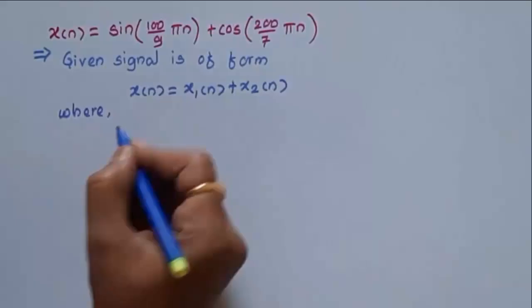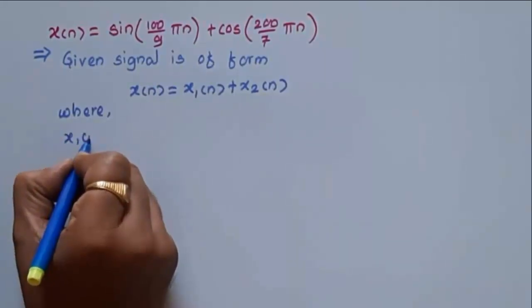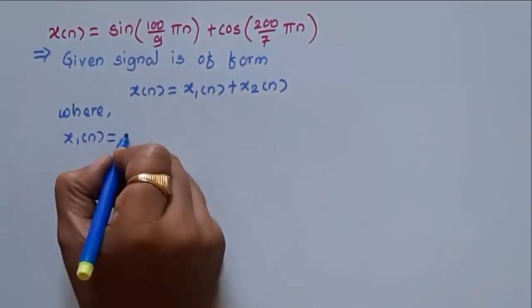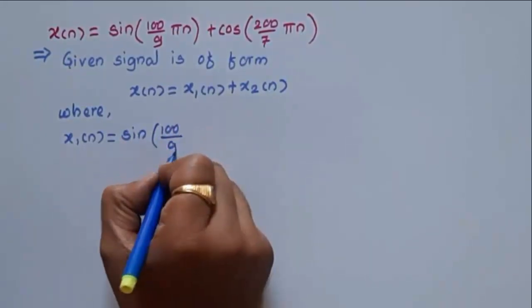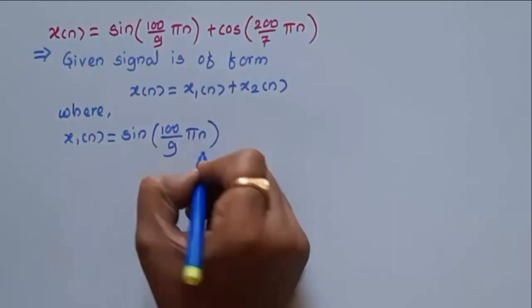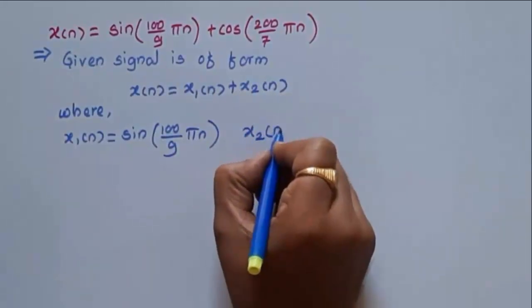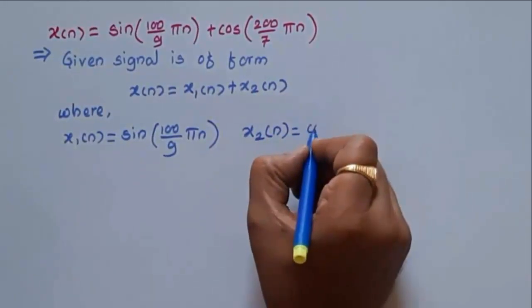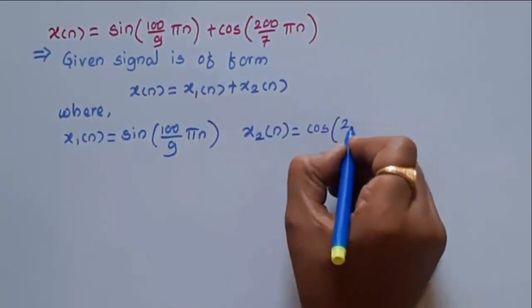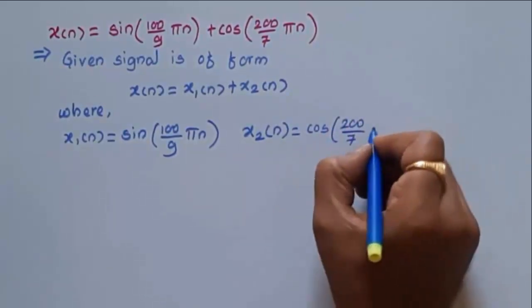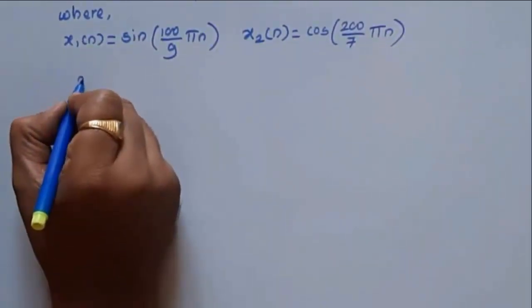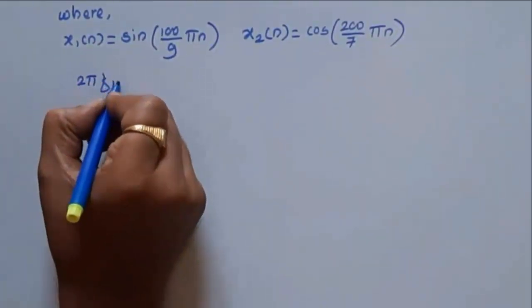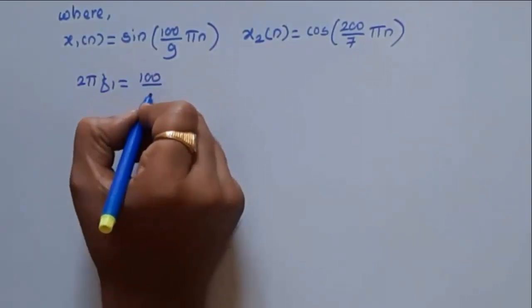where x1 of n is equal to sine 100 by 9 pi n, x2 of n is equal to cos 200 by 7 pi n. Therefore, 2 pi f1 is equal to 100 by 9 pi.